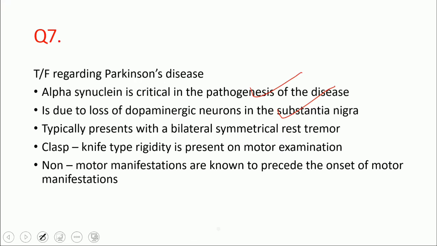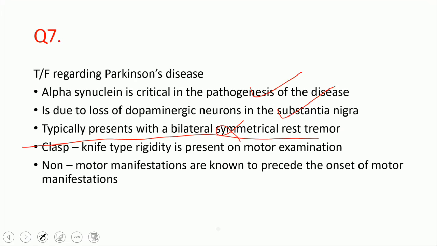So it starts off unilaterally, spreads bilaterally, but is usually asymmetrical. It can be bilateral, but is asymmetrical, not symmetrical. That is very important. So idiopathic Parkinson's has a pill rolling tremor that starts off unilaterally, goes bilateral, but is asymmetrical.